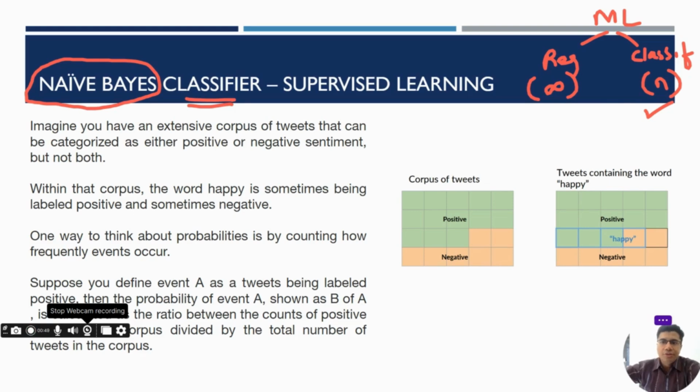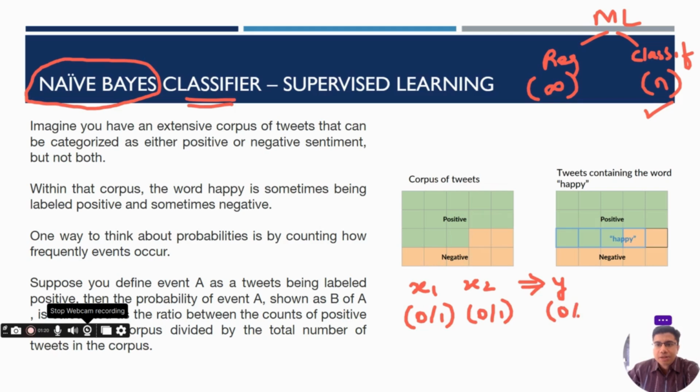The concept of naive Bayes is simple. Suppose we have data with features x1 and x2, and there is a prediction to be performed, which is y. On the basis of x1 and x2, we need to perform prediction y. Let us assume that x1 is binary, x2 is binary, and the prediction y is also binary.